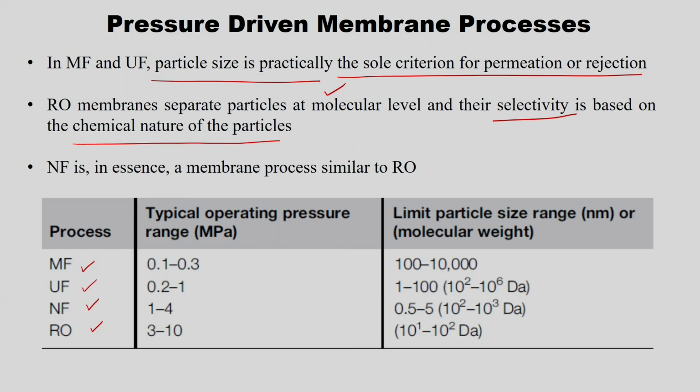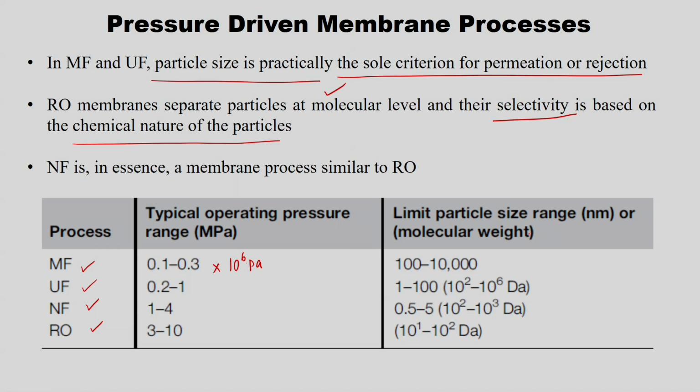Nanofiltration is in essence a membrane process similar to RO, but it also overlaps with ultra and microfiltration. Here are the operating pressure ranges. Normally in microfiltration it is 0.1 to 0.3 megapascal, where a megapascal is 10 to the power of 6 pascal. Ultrafiltration is 0.2 to 1, nanofiltration is 1 to 4, reverse osmosis is 3 to 10.